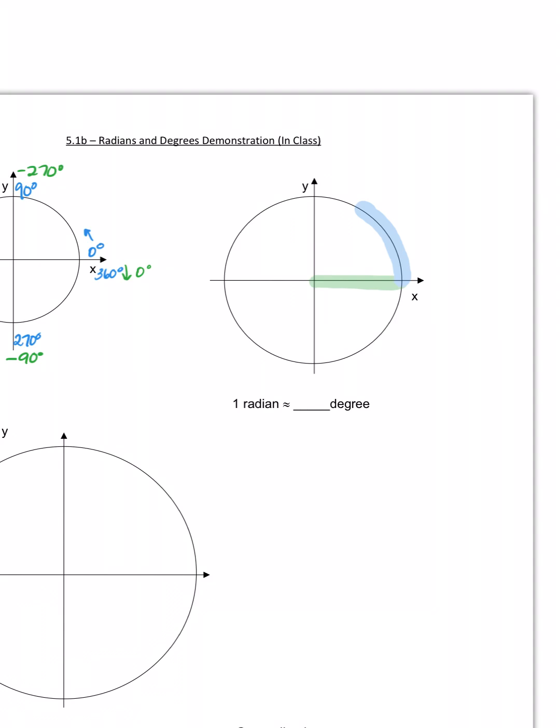And then what I want you to do is use your straight edge to put in a dotted line right where that stopped, from the origin to that location where it stopped.